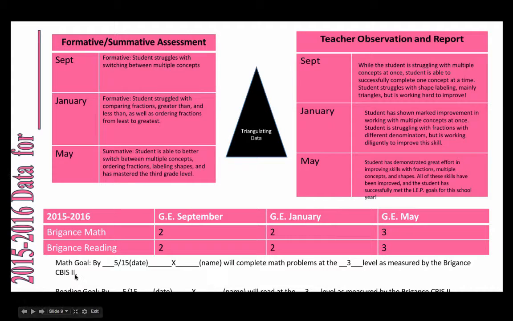The math goal was by March of 2015, the student will be able to complete math problems at the 3rd grade level as measured by the Brigance CBIS 2. And the same on the bottom, by May of 2015, the student will be able to read at a 3rd grade level as measured by the Brigance CBS 2.